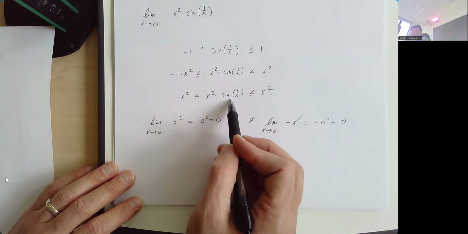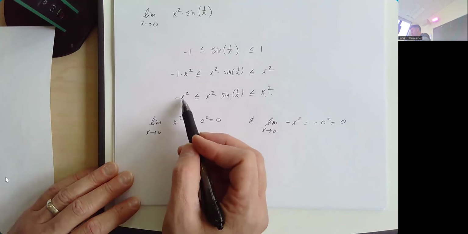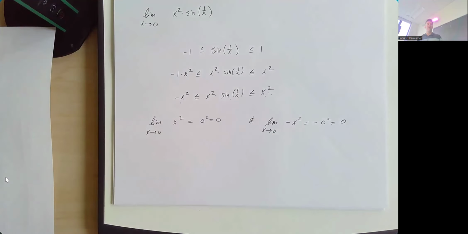Since x squared times sine of 1 over x is less than or equal to x squared, and bigger than or equal to negative x squared, and both of those things are getting closer and closer to 0, the limit has to be less than or equal to 0 and bigger than or equal to 0. And if you're less than or equal to something and bigger than or equal to that same something, there's only one thing you get to be, whatever that something is.